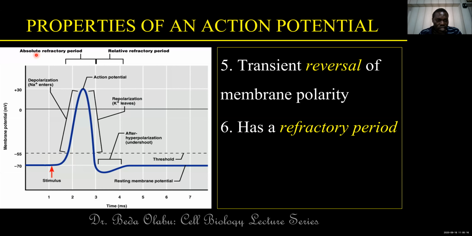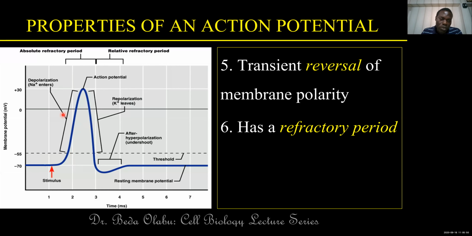Now let's look at this graph as I teach you refractory period. The refractory period is a period within which it is difficult to initiate another action potential. What that means is that when an action potential is occurring, and let's see from here, an action potential is occurring, it is difficult to initiate another action potential on top of this one.